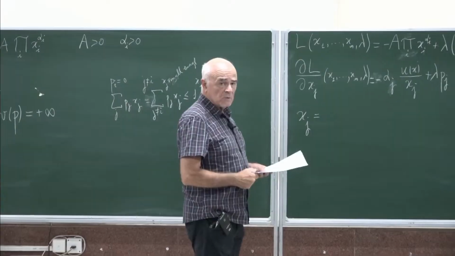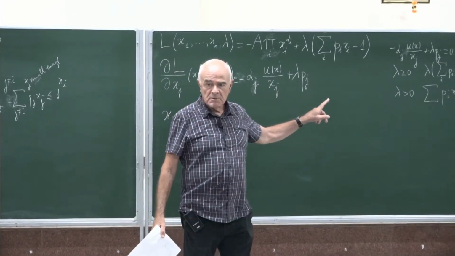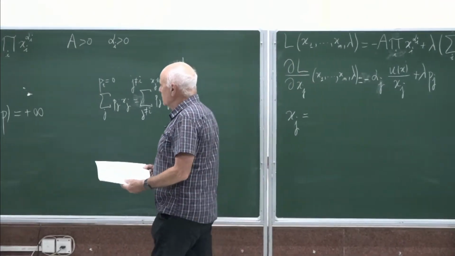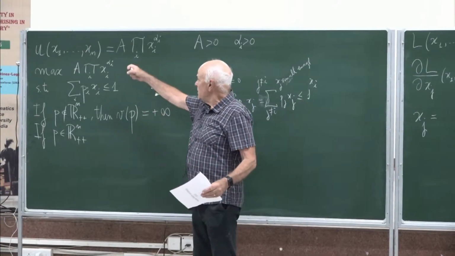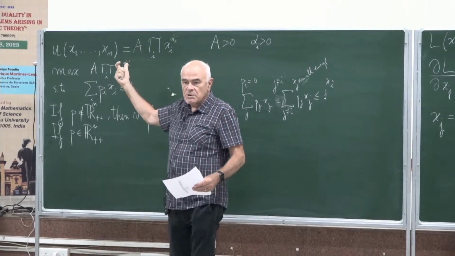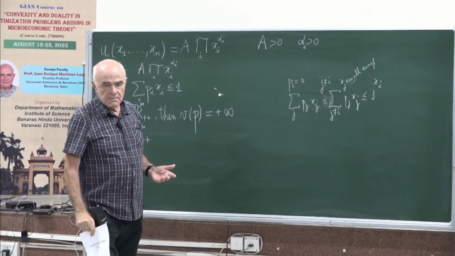I mean, was it clear what I said, the reason why xj is different from 0? Because it's optimal. It is part of an optimal solution. And if some xj is equal to 0, the objective function takes the value 0, which is not optimal in any case. Okay?